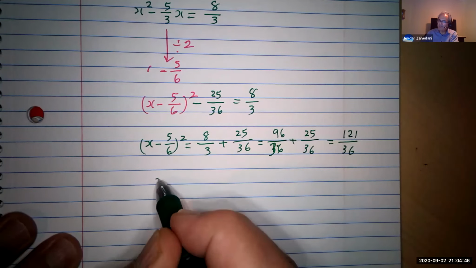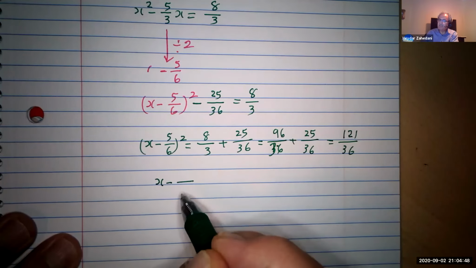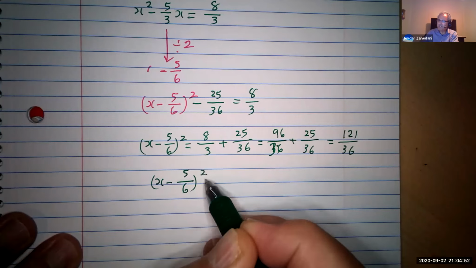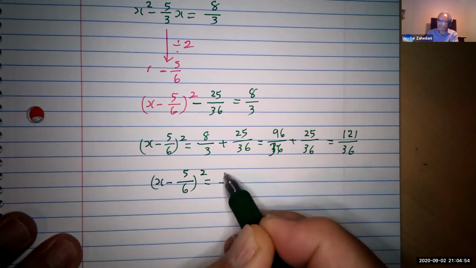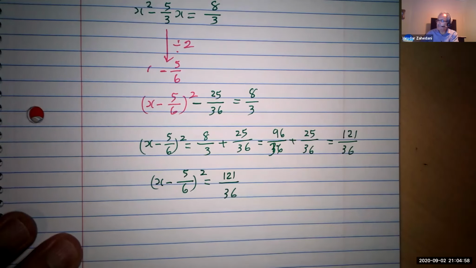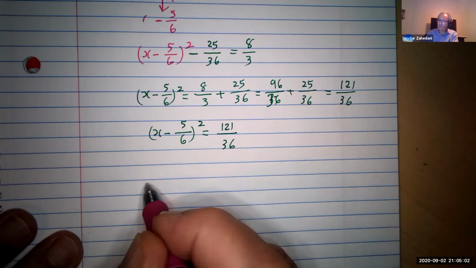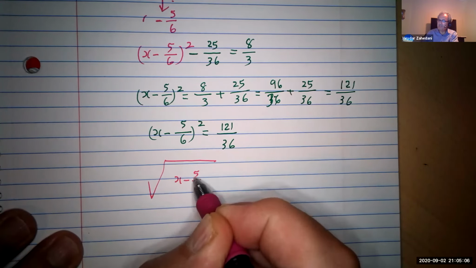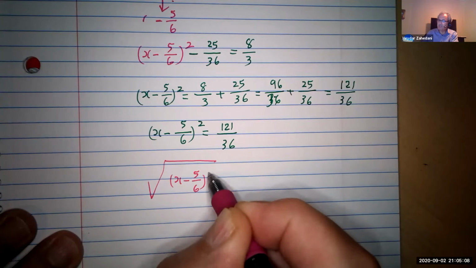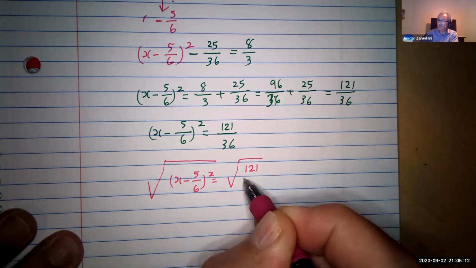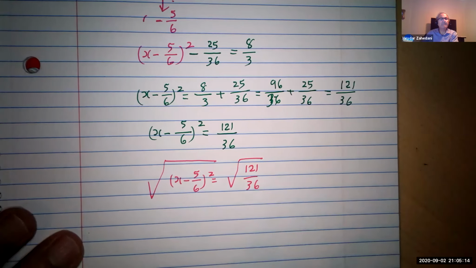So what do we have? x minus 5/6 all squared equal to 121/36. Now start taking the square root and get your final answer. It's going to be the square root of x minus 5/6 all squared, equal to the square root of 121 over 36.